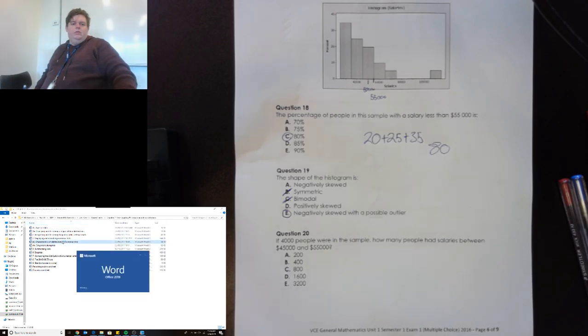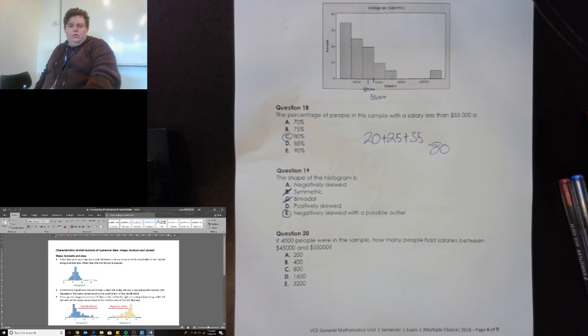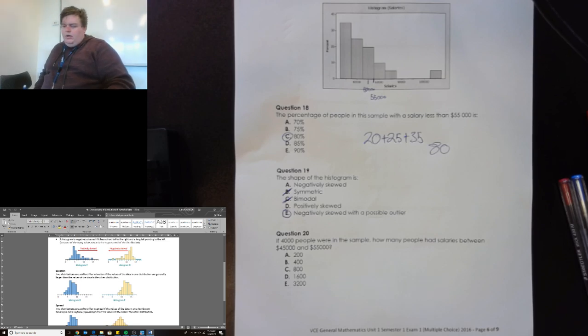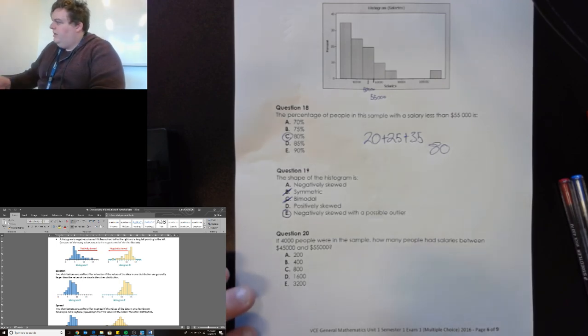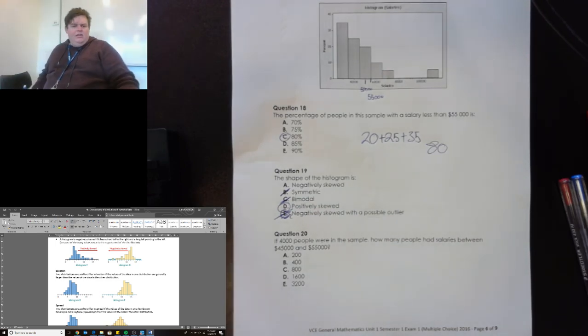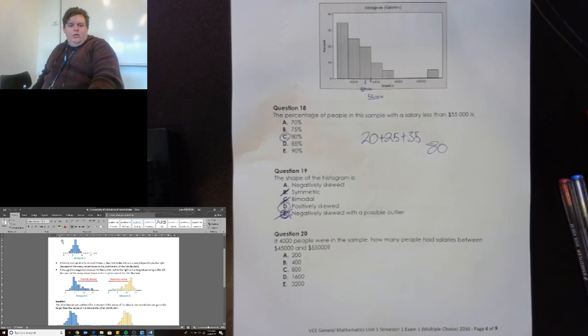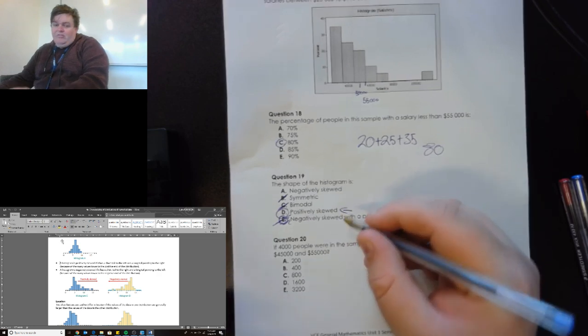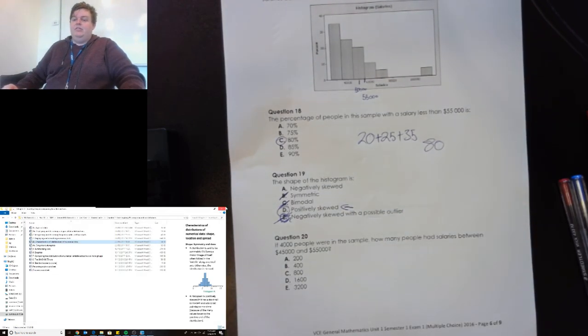So I've got them around the wrong way. Okay, so it's positively skewed. Sorry. Even teachers make mistakes. So that one's positively skewed, as you might be able to see from my notes here, which makes sense because the data's trailing off to the positive end, so that's skewing the data there. Okay. So the correct answer is positively skewed. That's why it's important to bring notes into your exam.